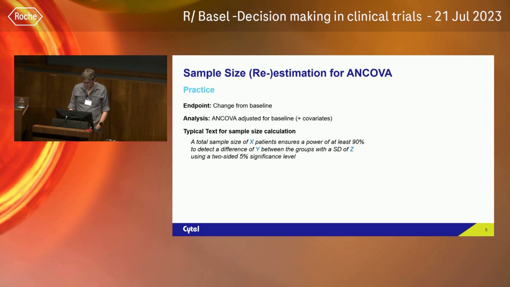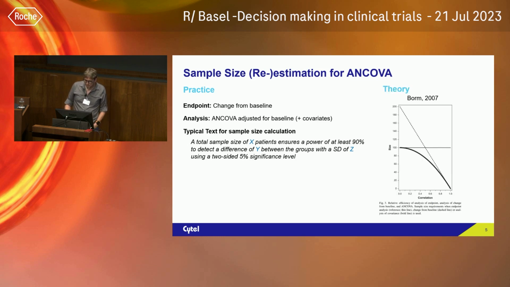And this matters actually, because we found a nice publication that illustrates how the estimated sample size can vary as a function of the correlation between the baseline and your at-visit value. Obviously, if you only use the at-visit value, the sample size doesn't change, because there's no change as a function of the correlation.